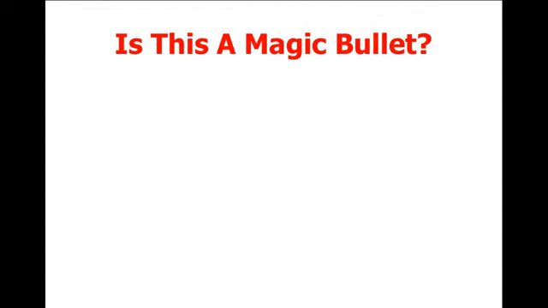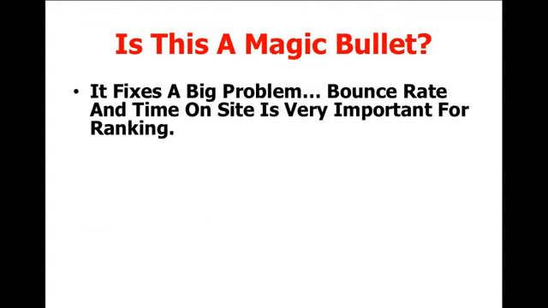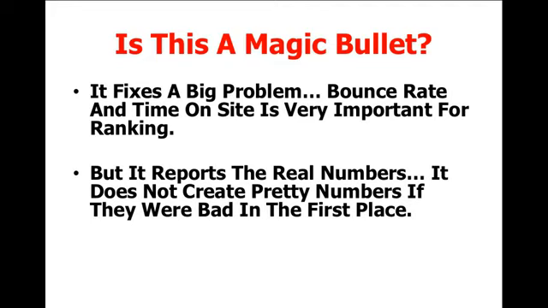Is this a magic bullet? Well, I hesitate to call it a magic bullet. It fixes a big problem, and the bounce rate and time spent on site is a very important factor for ranking. But it does report the real numbers. It does not create pretty numbers out of thin air.